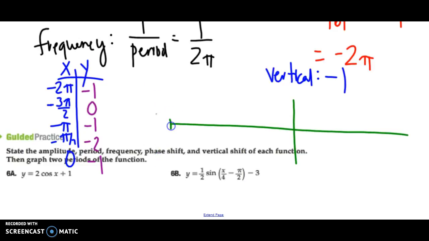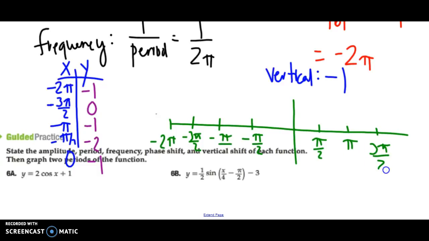Let's start that value right there as negative 2 pi, negative 3 pi over 2, negative pi, negative pi over 2, then to 0. Then we have pi over 2, pi, 3 pi over 2, 2 pi. Alright? So this would be negative 1, and then down here would be negative 2, 0, and positive 1.